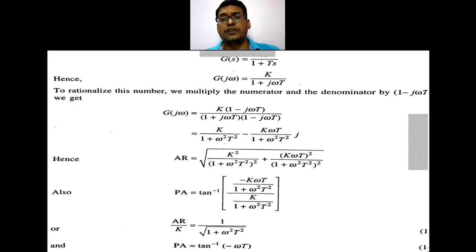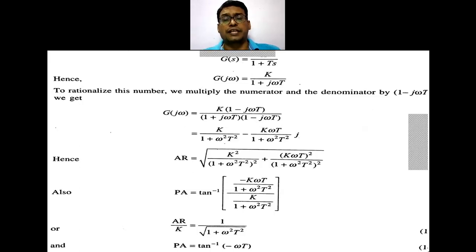Now in this frequency response technique, it is slightly different. We have to convert the system into a complex number. The transfer function for the first order system, 1 upon 1 plus tau s or K upon 1 plus tau s, we convert by substituting s equal to j omega.